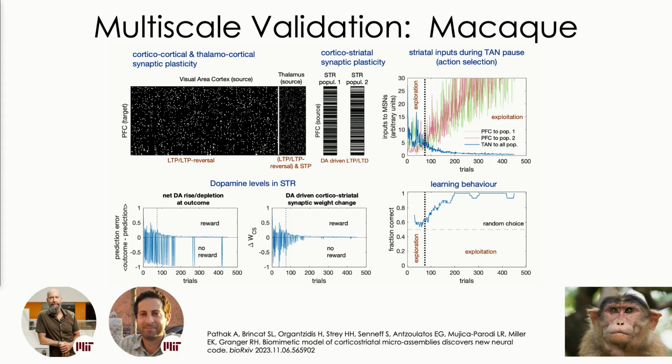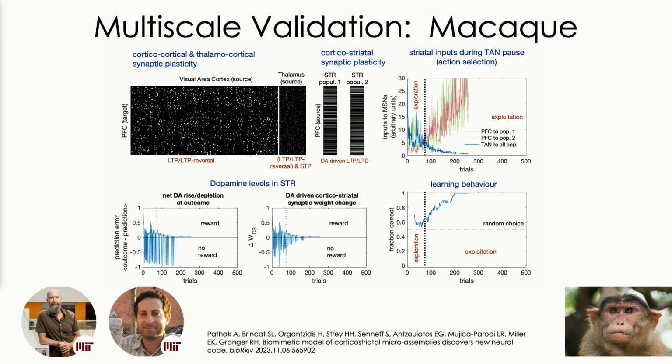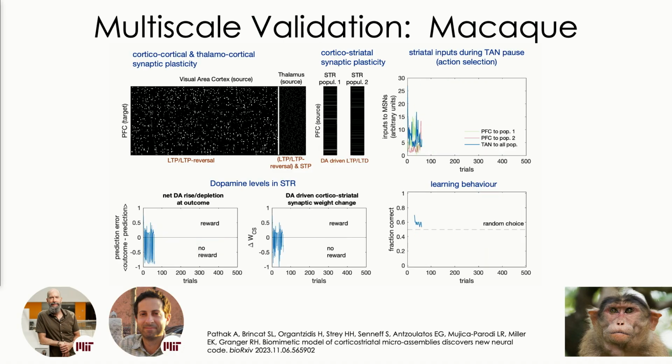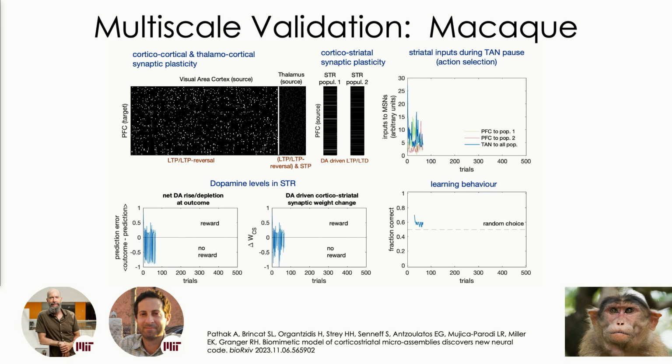This is an integration of many, many decades worth of experiments, data, models, all normalized into this Neuroblox type of nomenclature and then combined together to create this comprehensive corticostriatal model that can do category learning. We then independently validate it against macaque electrophysiology.